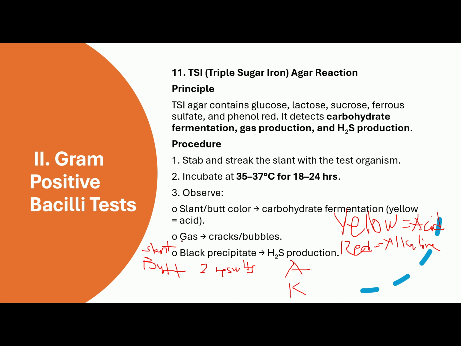Let's say, class, that the slant is red in color, but the butt is yellow. This means the slant is alkaline, so you write it as K, while the butt is yellow, you write it as A, acidic siya. So K over A. I want you to think of that because that's important when interpreting the result.